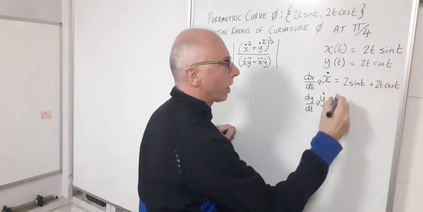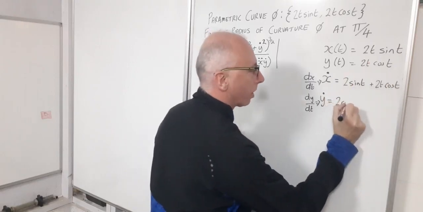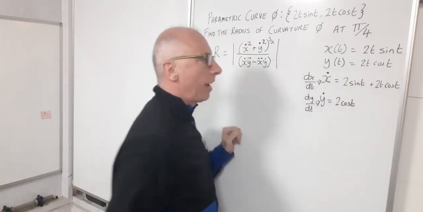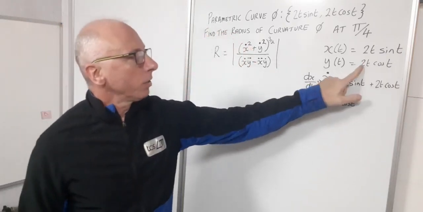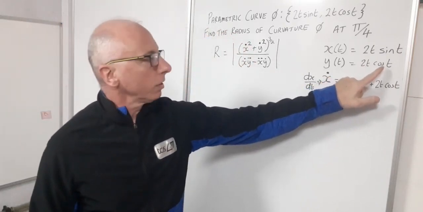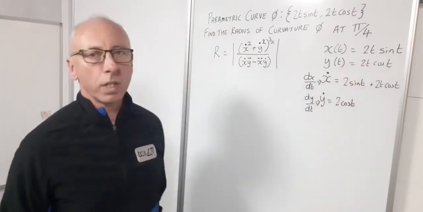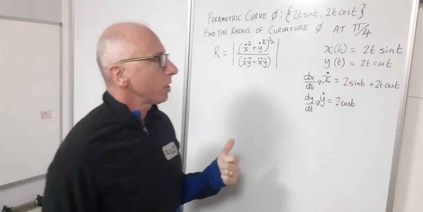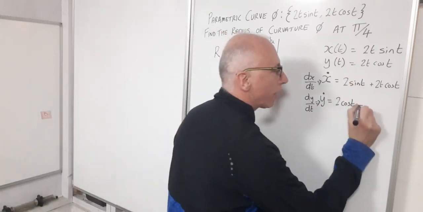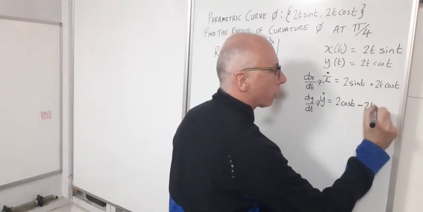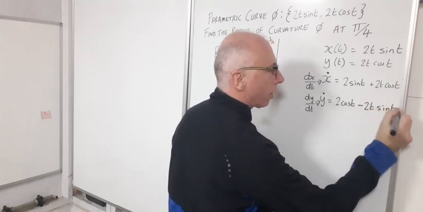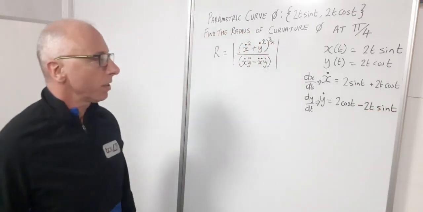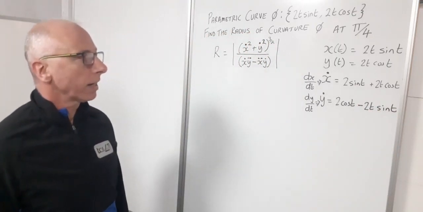So we've got 2 cosine t, and then add on the derivative of cosine multiplied by 2t, while the derivative of cosine is negative sine. So instead of a positive, we'll have a negative. We'll keep the 2t and we'll have sine t. So that's our first derivative of x and y taken care of.